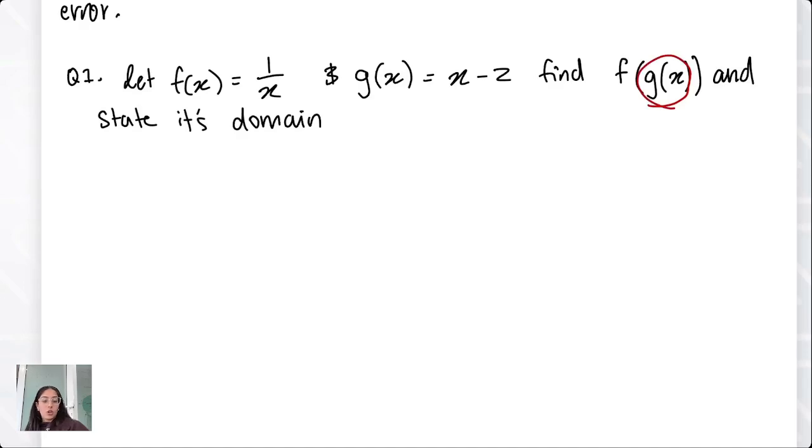So all I have to do is f of x minus 2. I can just swap g of x for what it is. That's equal to 1 over x minus 2. Does everybody understand that? Then we're going to state its domain. Can somebody tell me what is the math error that can occur here?